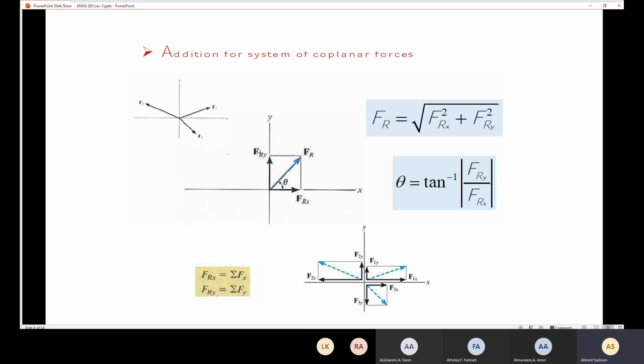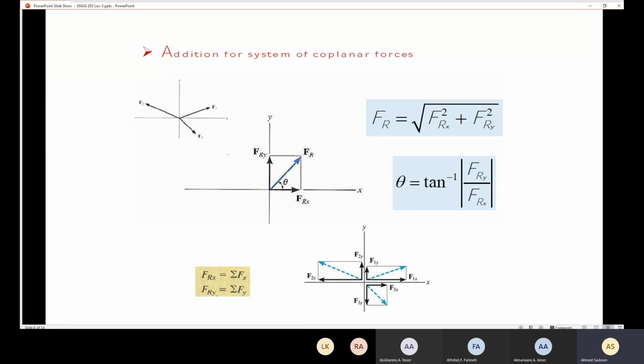Then the resultant is the square root of Frx squared plus Fry squared. And the angle is going to equal tan inverse of Fry over Frx. And by this, I will be able to calculate the resultant force and the angle with the x-axis.